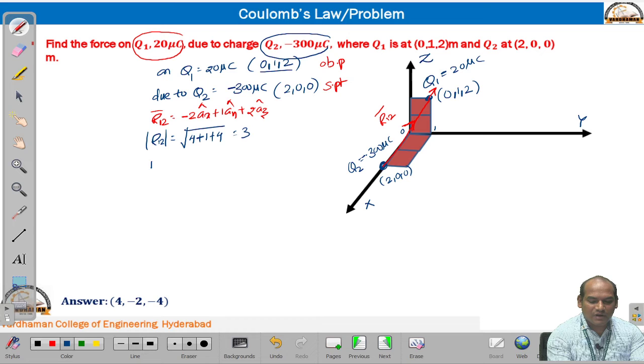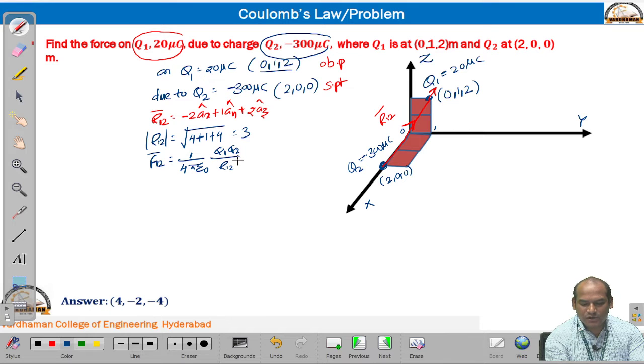Now, I am taking the force formula: F12 bar is equal to 1 by 4 pi epsilon naught into Q1 Q2 by magnitude of R12 cube, times R12 bar. 1 by 4 pi epsilon naught is 9 into 10 power 9, multiplied with Q1 Q2. Q1 is 20 micro, that is 10 power minus 6, and Q2 is minus 300 micro, that is 10 power minus 6.